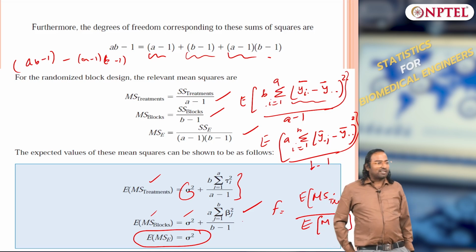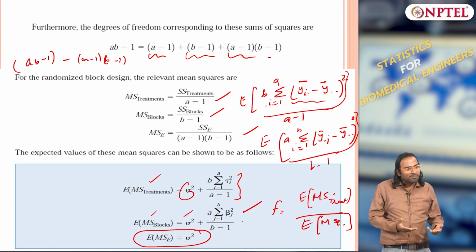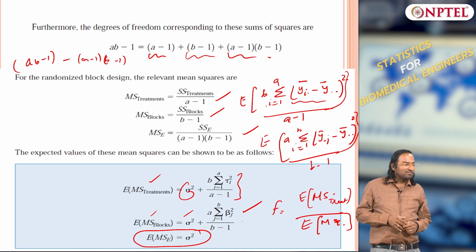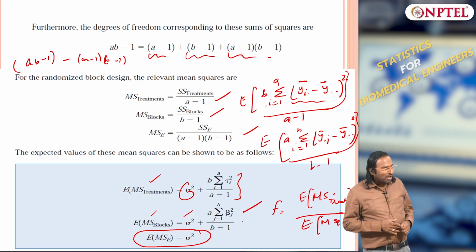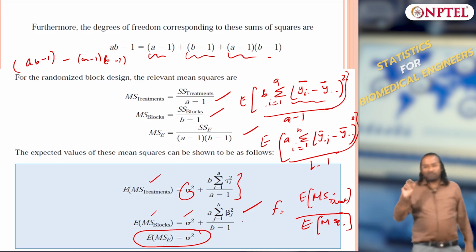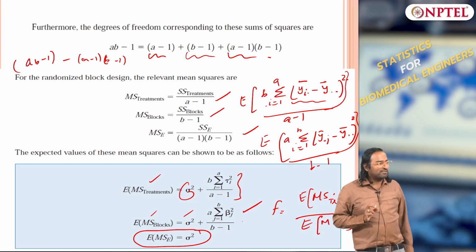The drug, the drug dosage or the different kinds of drug, whatever, that is what is treatment. What is nuisance is everything else, what is not in your control. Nuisance is one particular variable, a confounding factor, which you know for a fact is going to affect the outcome.